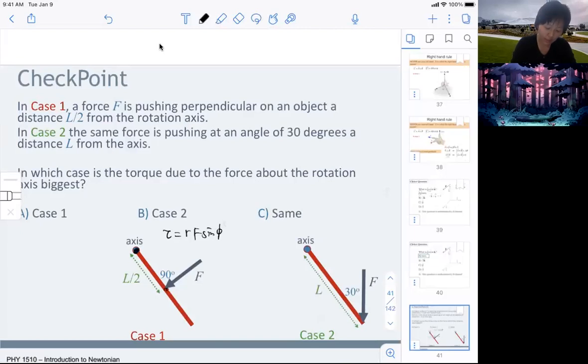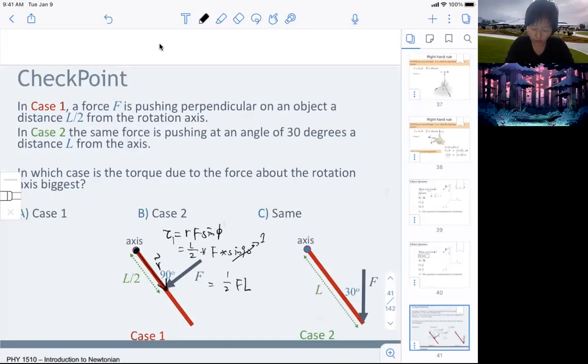So in this case, this is my R. And the angle is between R and F. You can see the angle between them is 90 degrees here. So R here has magnitude L/2, half of the length, times the force times sine of 90 degrees, which is 1. And I get 1/2 F times L. That's the torque in case 1.